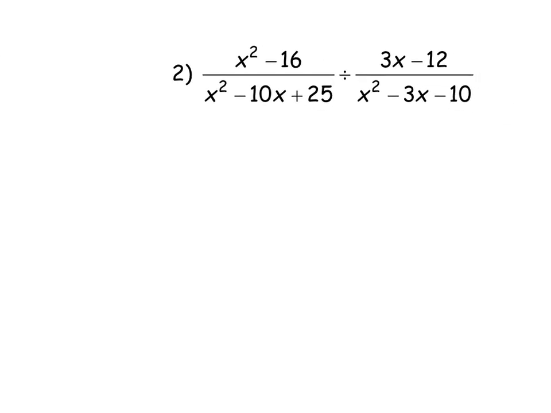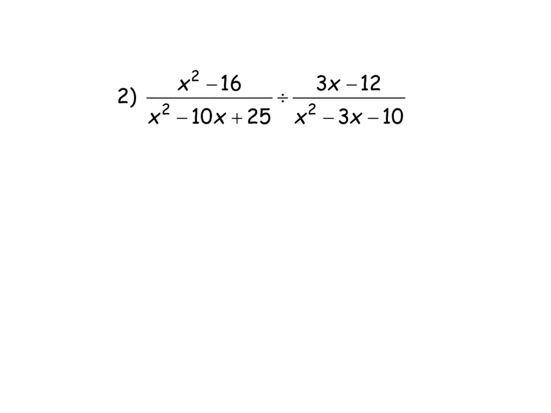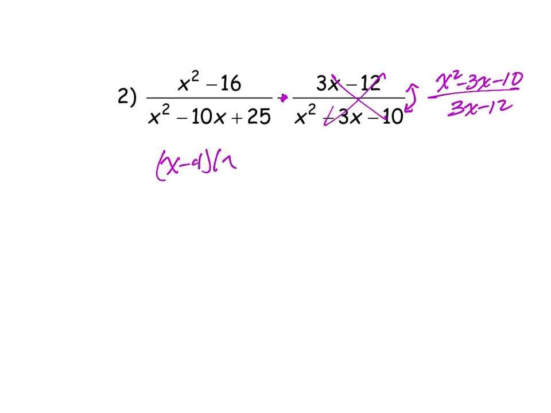Okay. So same thing, right? So I'm going to flip these 2. So this becomes x squared minus 3x minus 10 over 3x minus 12. And it becomes times. So if I factor, I've got x minus 4 times x plus 4 times x minus 5 times x plus 2.